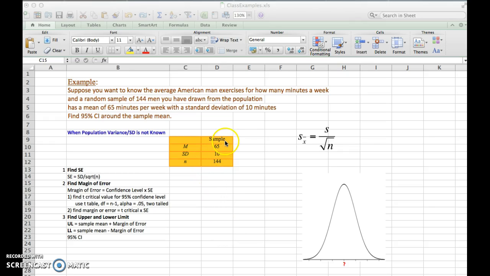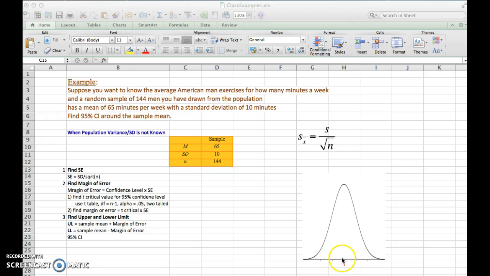And here are the sample statistics: mean, standard deviation, and sample size. We know that we're working with only one sample, but if we take repeated samples of the same size from the population, we'll be able to draw a sampling distribution of sample means.